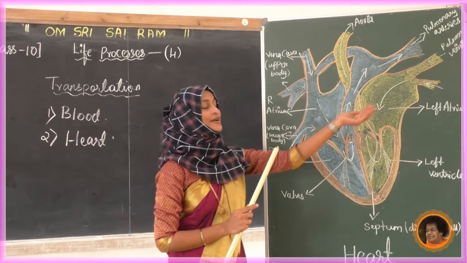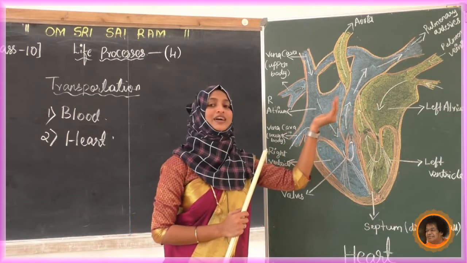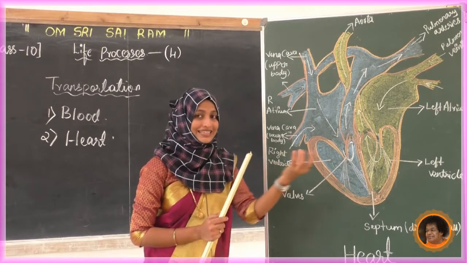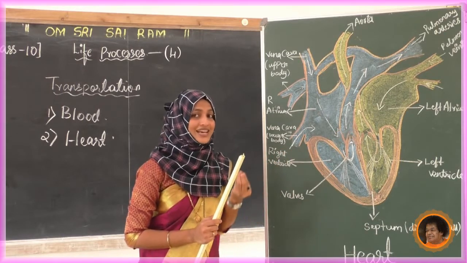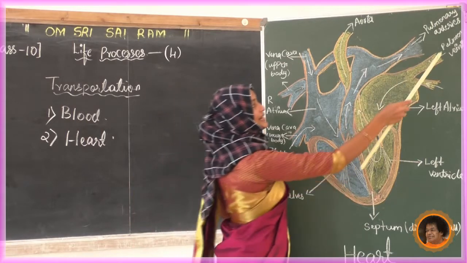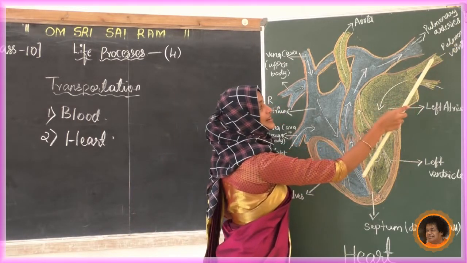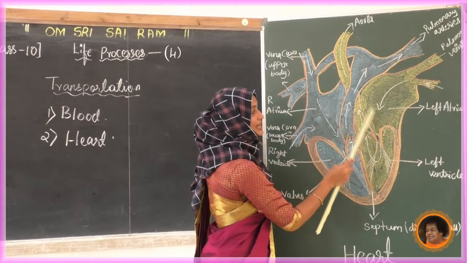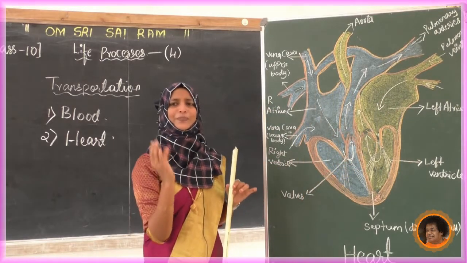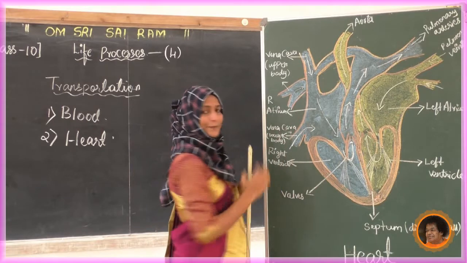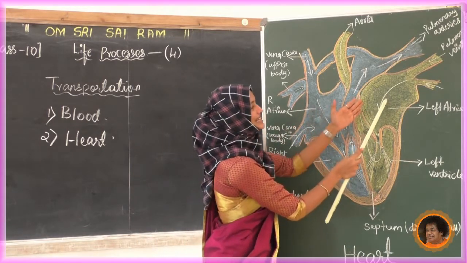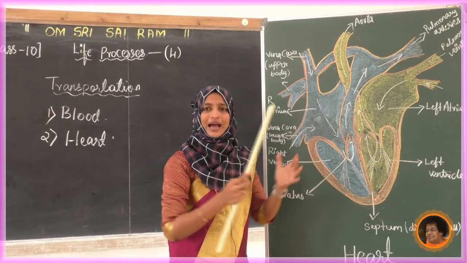In the lungs there are a number of oxygen molecules, and the blood capillaries collect them. Then through the pulmonary vein, this oxygenated blood reaches the left atrium. The same procedure happens here. Now it is getting the blood. Now what happened?